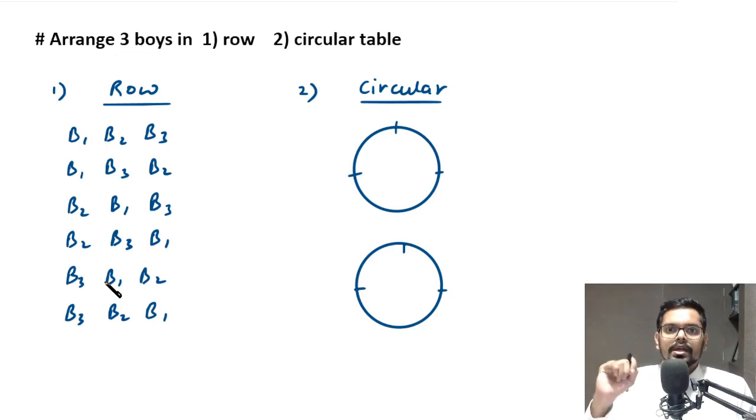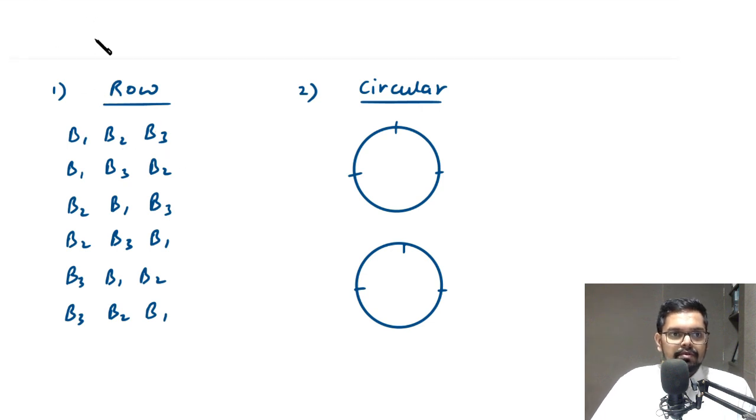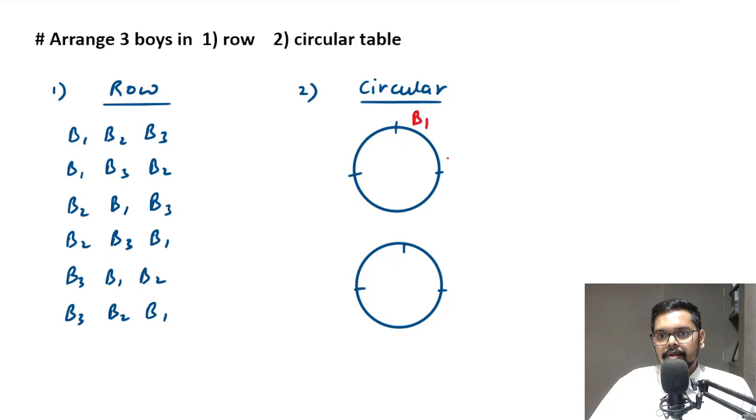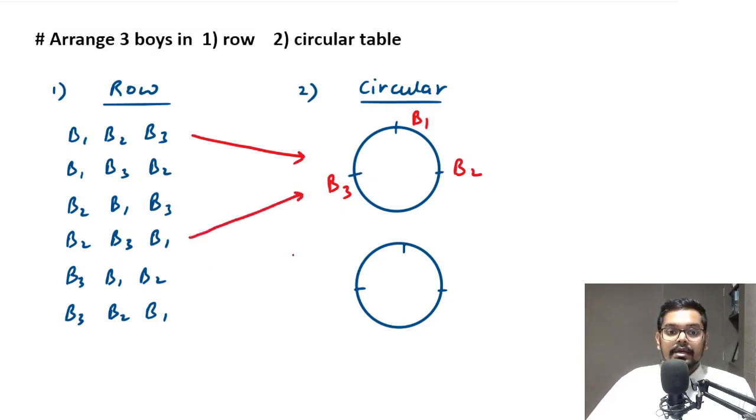In the circular table, how will they sit? Let me start here. b1 is seated here, then b2 is seated here, and b3 is seated here. Now you might think this is a different arrangement in the circular table, but no, this is actually the same as this arrangement.